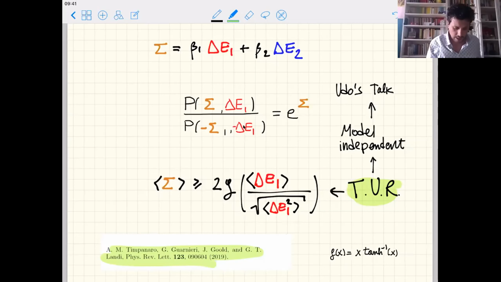So the dissipation must be larger than some function, g, which is defined here. It's just a detail, but it's a function of what? It's a function of the average energy change in your chip and the root-mean-square deviation. Okay, so just like in Udo's talk, this is a universal result.